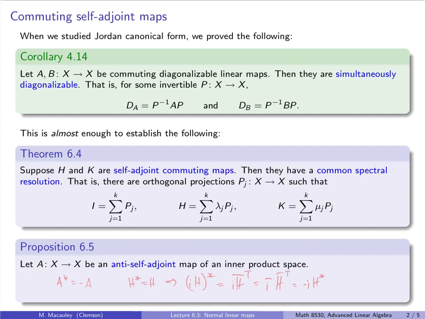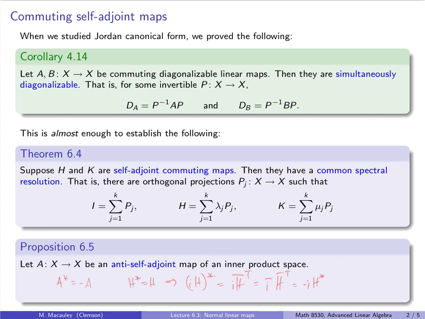So why this is important is because if we have a linear map and we scale it, we multiply it by a scalar, we know how the eigenvalues and eigenvectors change. The eigenvectors don't change, and the eigenvalues change by that scalar as well.